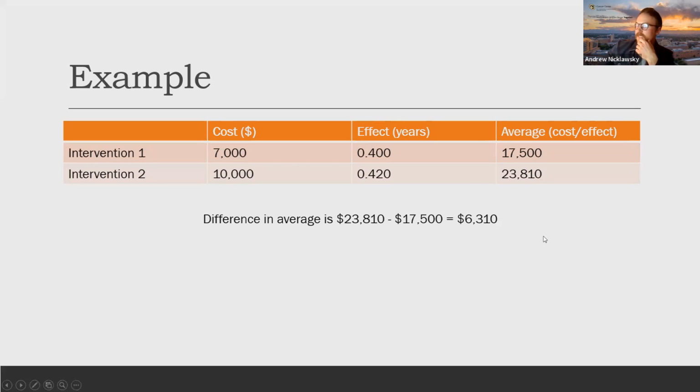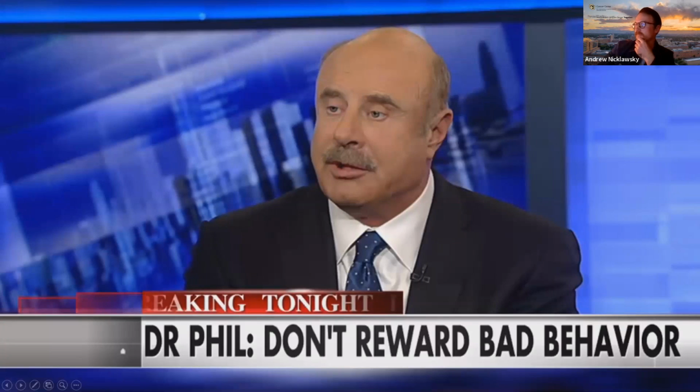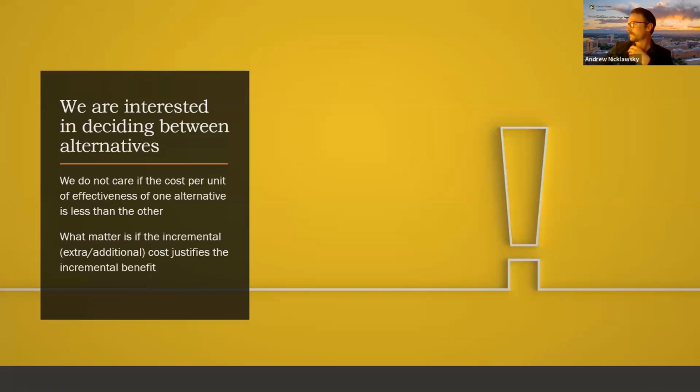But this is the wrong way to think about it, because what we're really trying to do is discover the incremental cost versus the incremental benefits. We don't care what the average cost per effect is and what the difference is. We want to know what's the additional benefit from intervention 2 versus intervention 1. So don't do that. That's not the way to do it.